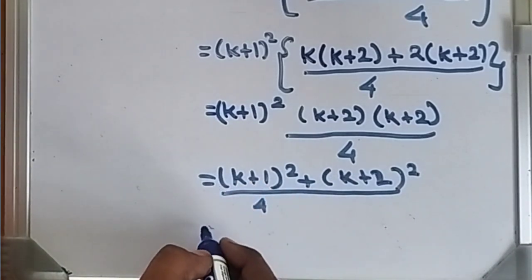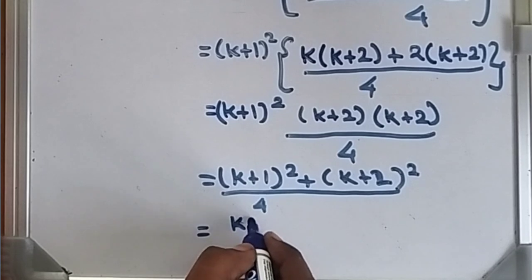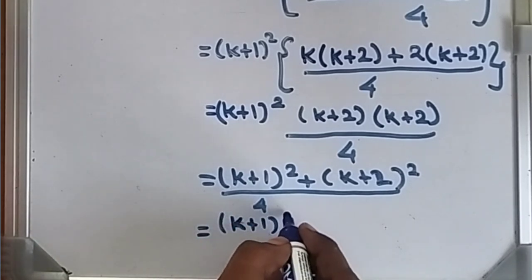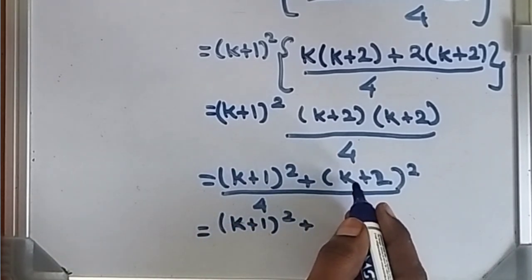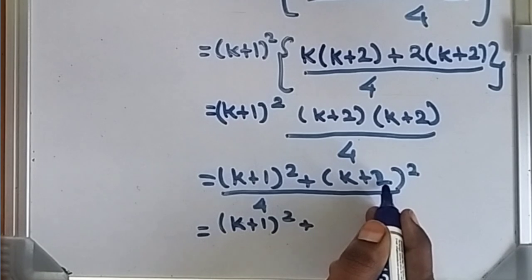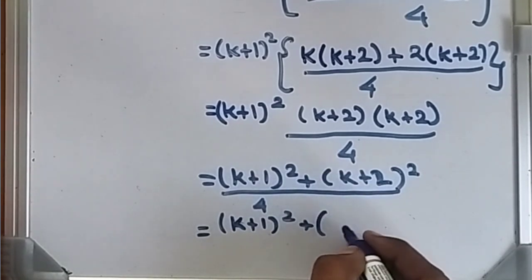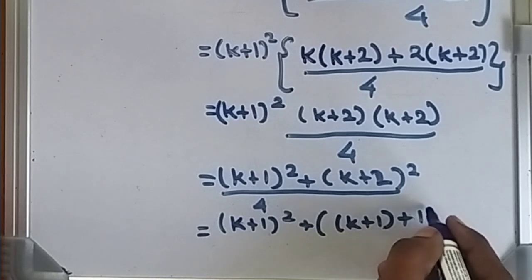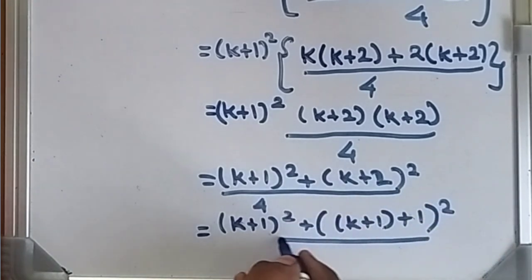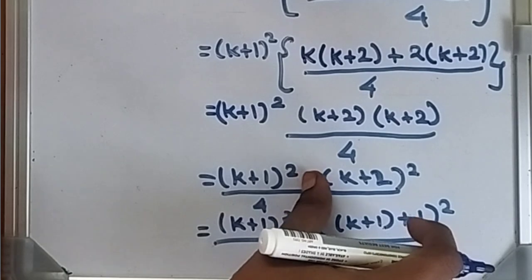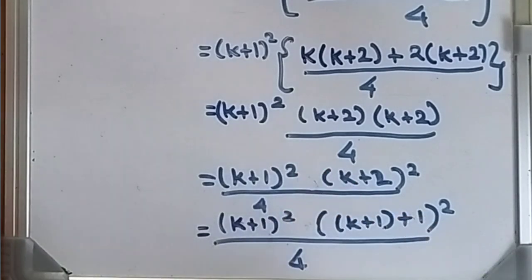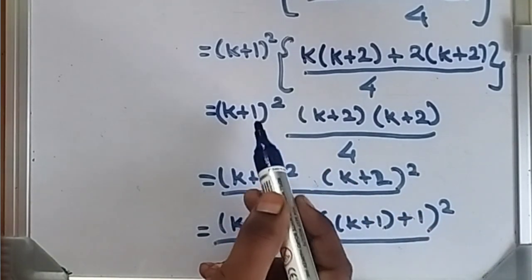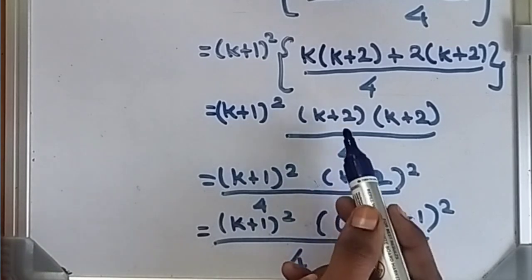Right. So I am going to just rewrite k plus 1 the whole square equals. I am going to replace this 2 as 1 plus 1, like k plus 1 plus 1 the whole square divided by 4. So it's multiplication, right? Why should I put addition? So here k plus 1 the whole square.